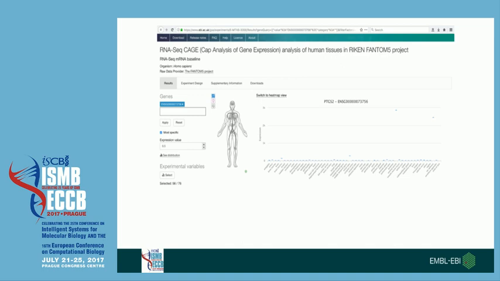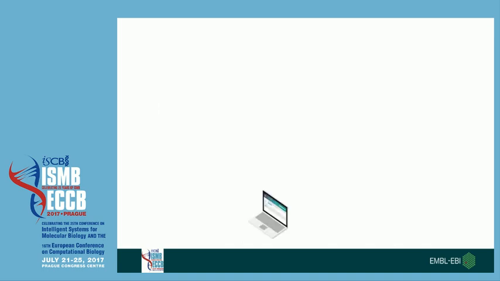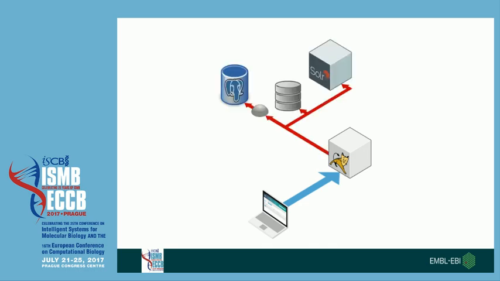But of course, this is a technology track, so right now I want to switch to technology a bit and show you what happens under the hood whenever you perform one of the searches. So, of course, it all starts with a browser and URL request, and that URL request is received by a Tomcat server. The Tomcat server matches the URL that you have typed to one of the many code paths available, and then it queries 3 different data sources.